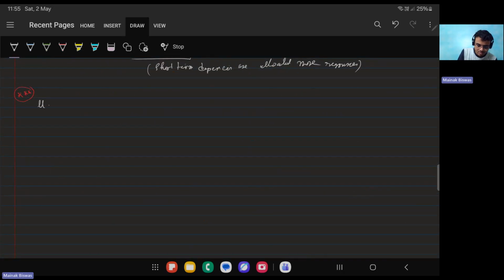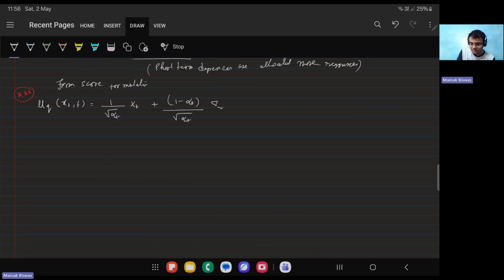I have written that mu q of xt comma t from the score formulation is given by 1 over root alpha t xt plus 1 minus alpha t by root alpha t, gradient of xt, the score basically, right?